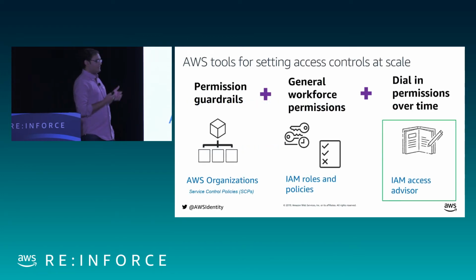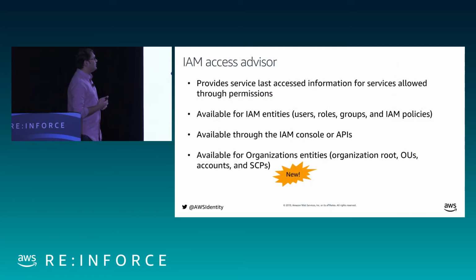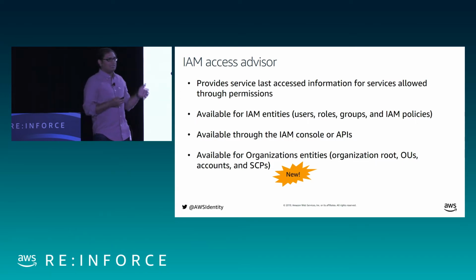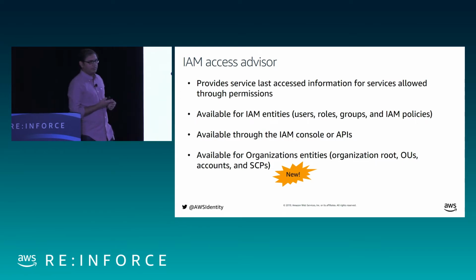So let's talk about Access Advisor. Access Advisor is a feature within IAM. It provides you the last accessed information for your services. It tells you the list of services that are permitted, when they were last accessed, and by whom.